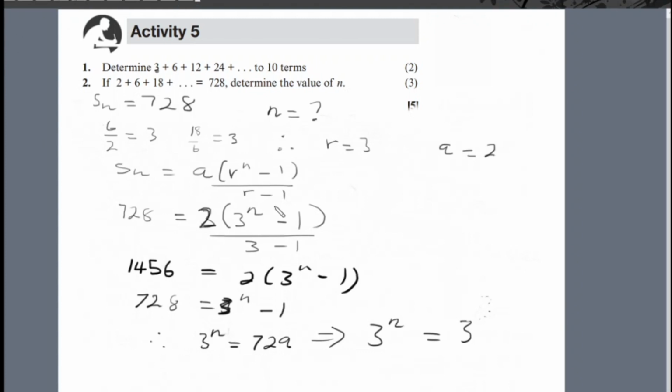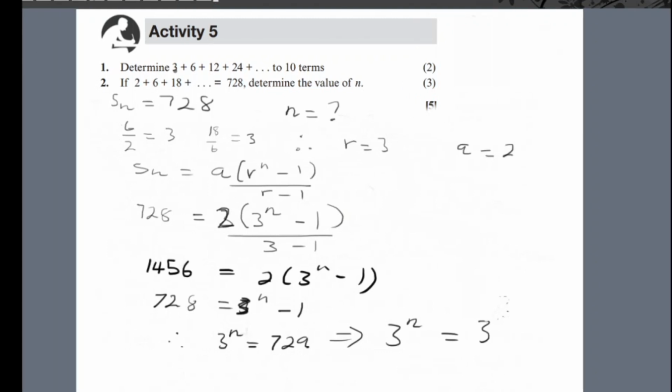So n is equal to 6. If I say 3 to the power 6 ithola u729. So ngitshela ukuthi n is equal to 6. So yeah, that's it for this question.